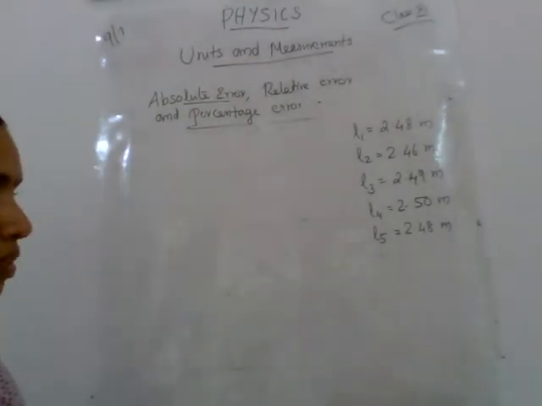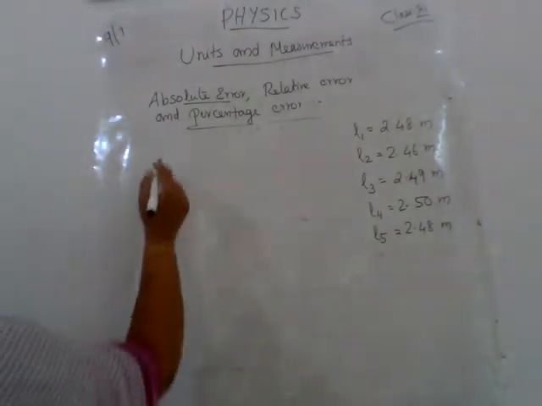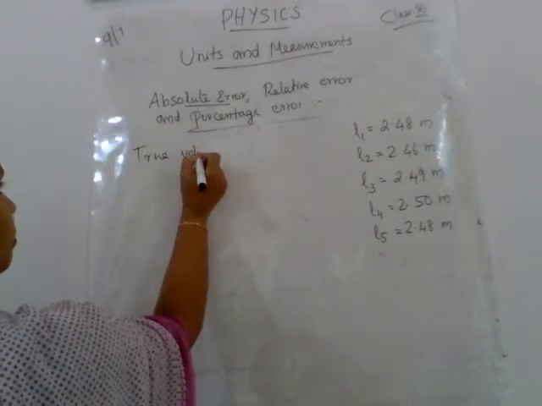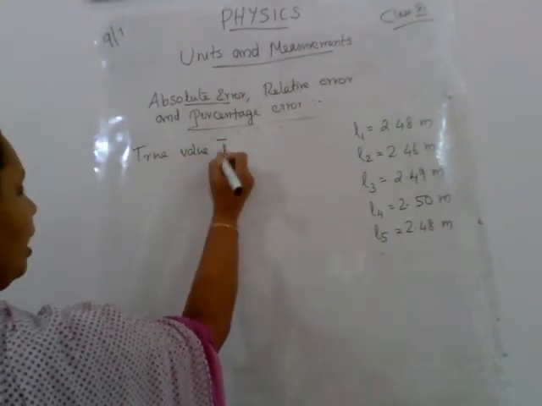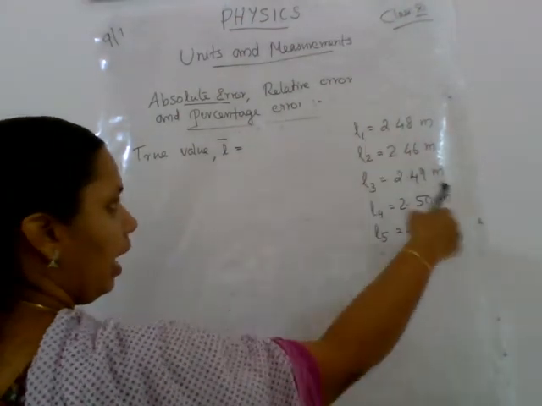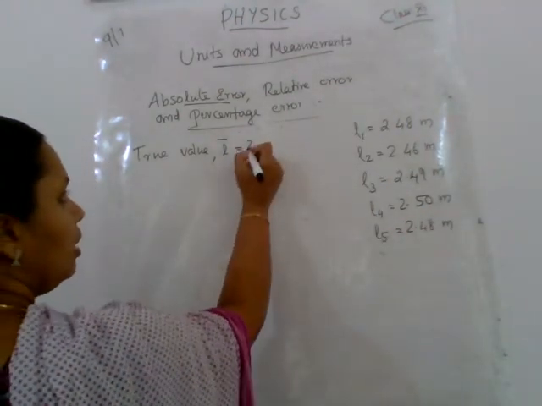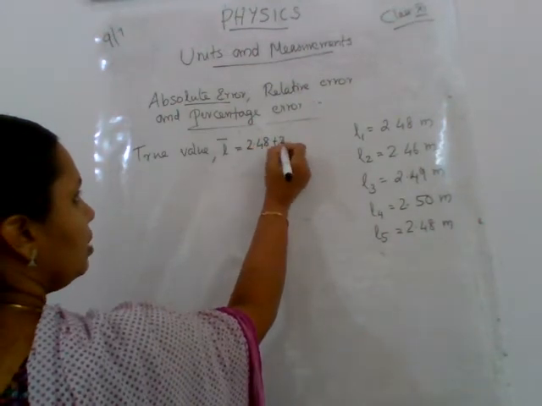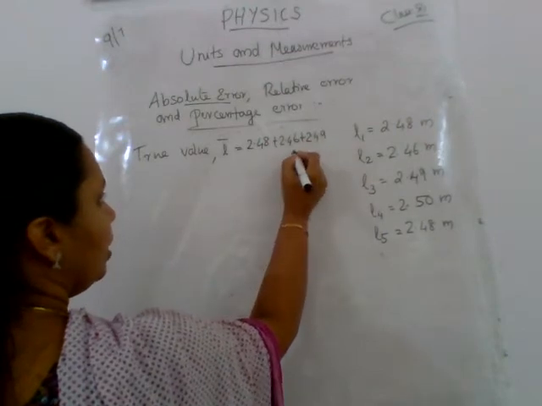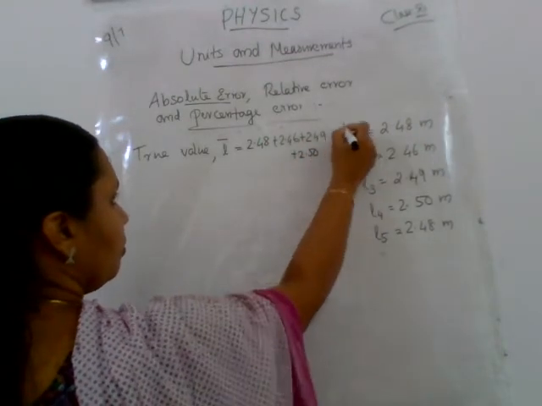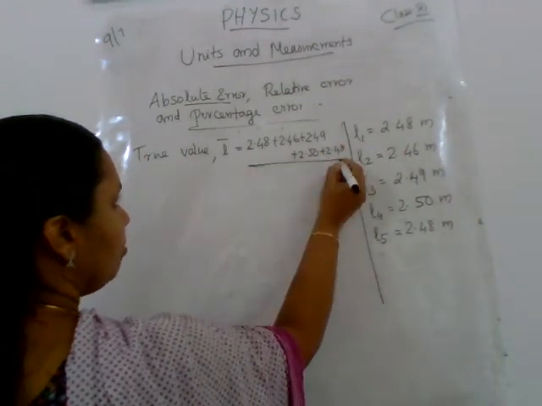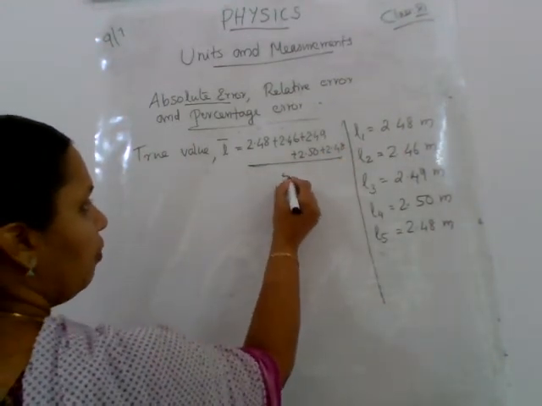So first what we have to find out? We have to find out the true value, we can represent it as L bar. It is the average of these: 2.48 plus 2.46 plus 2.49 plus 2.50 plus 2.48 divided by how many measurements are there? 5.